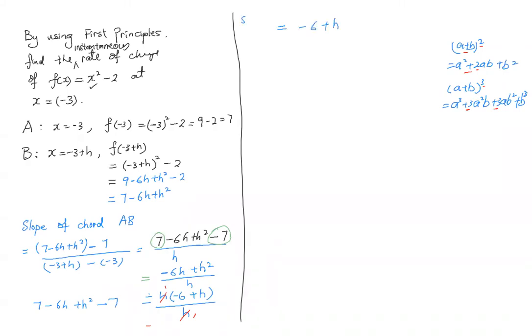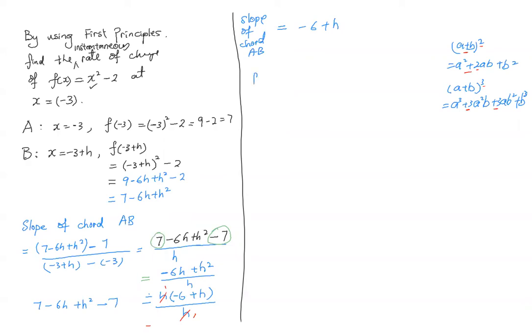This is the slope of chord AB. So now we want to find the instantaneous rate of change at x equal to negative 3, correct?